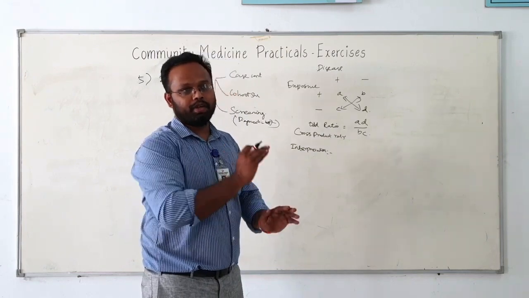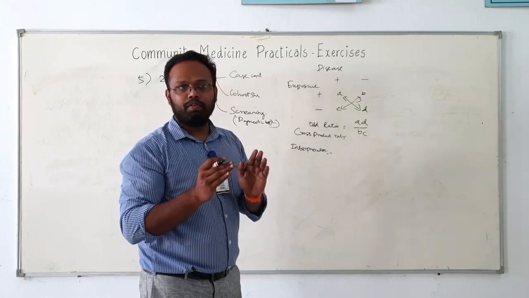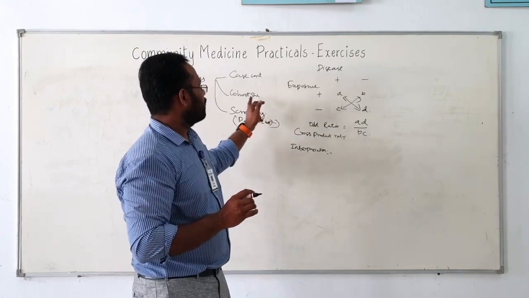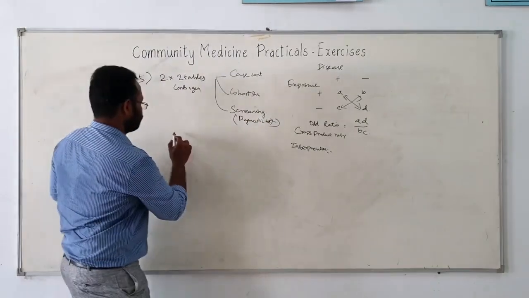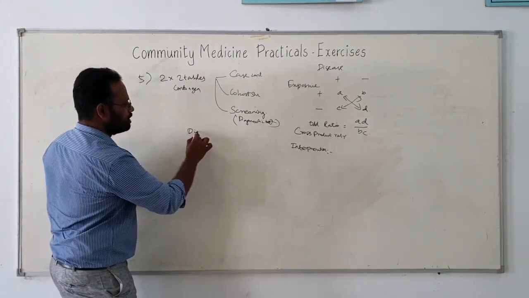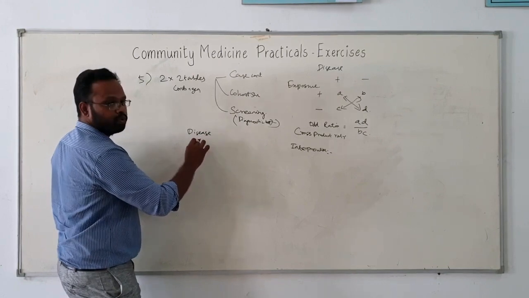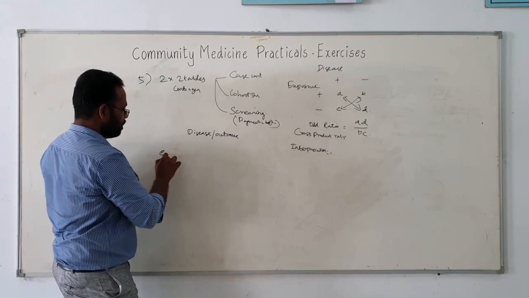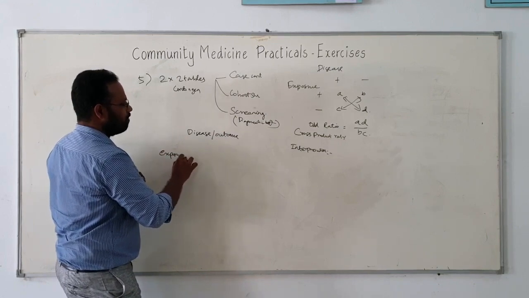It is a retrospective study, so we have to be very careful in that interpretation. That is about the case control study. Then second is the cohort study. The same rule applies there also: the outcome should be on the top, exposure should be here. Always be positive.